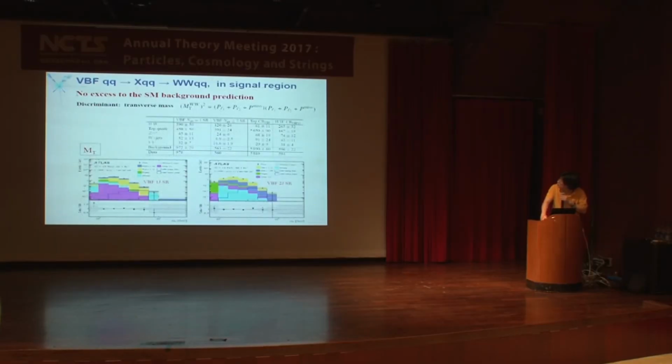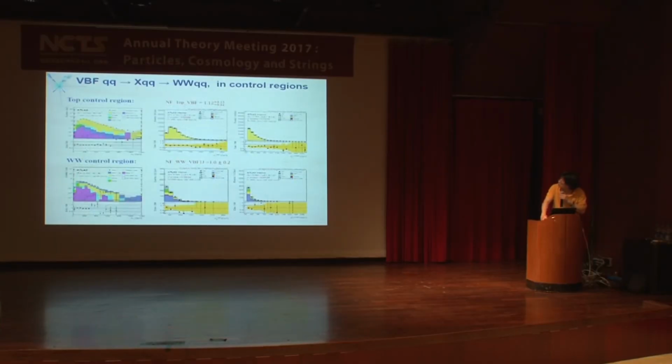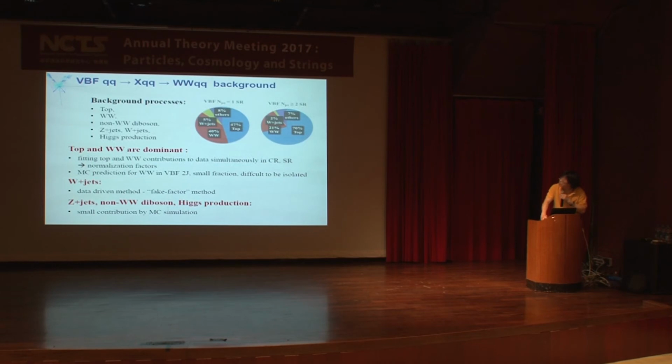Do the backgrounds come from tau lepton pair production? Of course they do, that's a good question. I didn't talk about tau at all because tau to lepton is about 10 to 30%. The fraction is not that large, but it's there. For this channel we are looking at electron and muon.